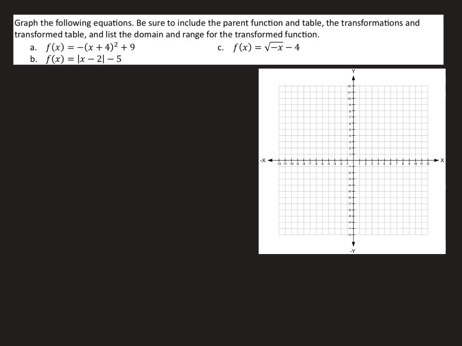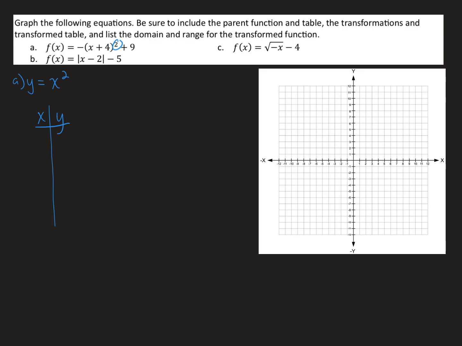All right, it's going to be very similar to the last two examples in that we need to know the parent table first. So we've got to find the parent table, and in order to do that, I'm just going to say, hey, for part A, let's list out the parent function, with the square being the defining feature for this one. It's going to be x squared. Now, how are you supposed to find the parent table? Well, it will always be x and y.